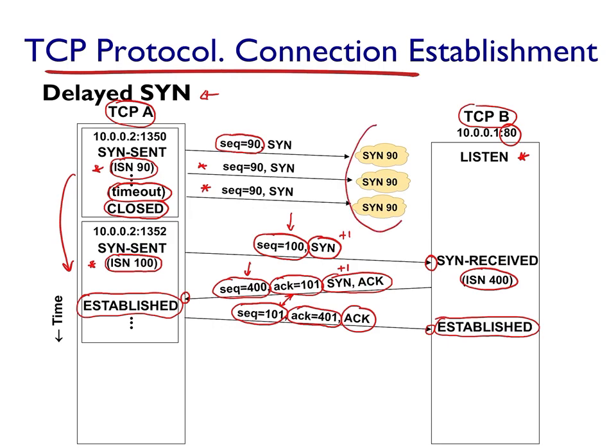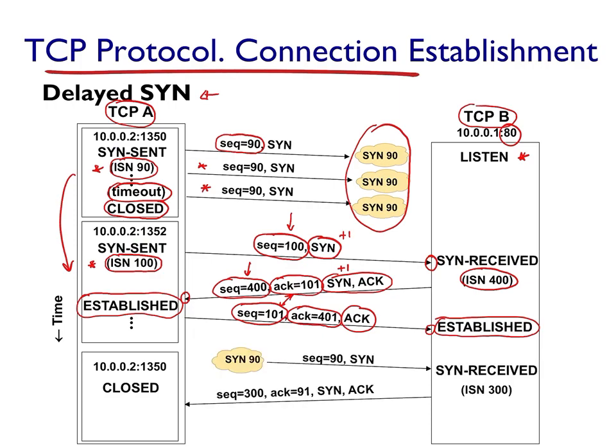But one of these things that were sent previously that didn't arrive to the destination, we didn't notice anything about the delivery, finally arrive to the destination. And B can say, okay, I have received sequence number 300, I'm working with 400, what's happening? Okay, don't worry, maybe it's another connection, I accept.